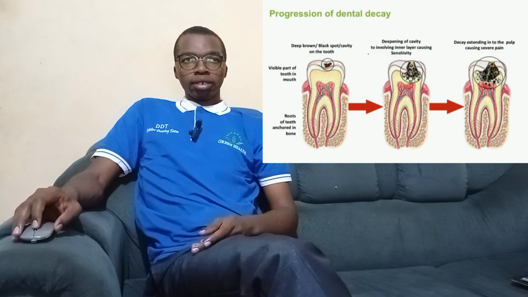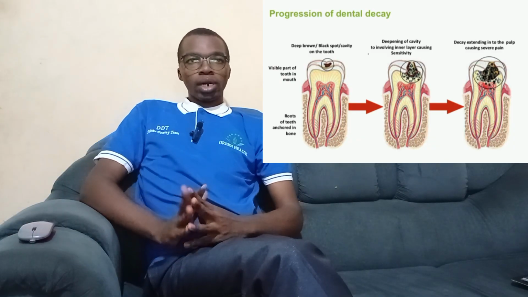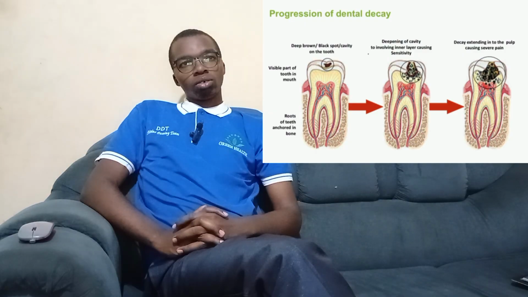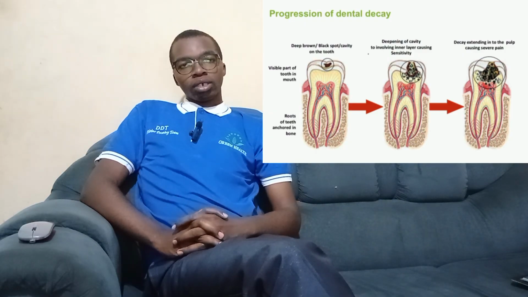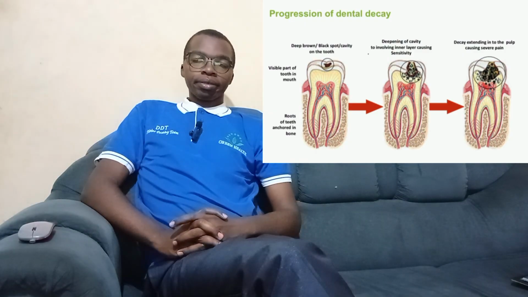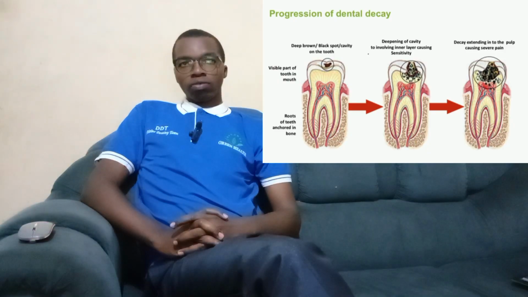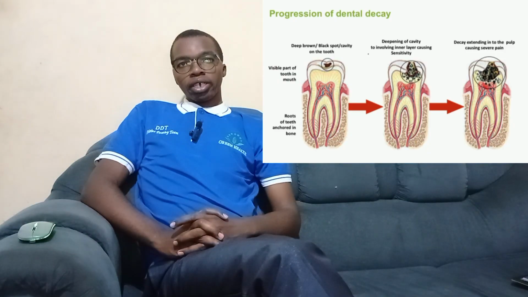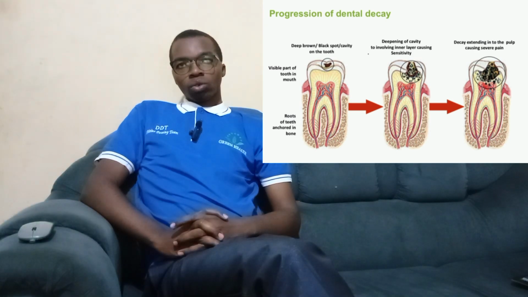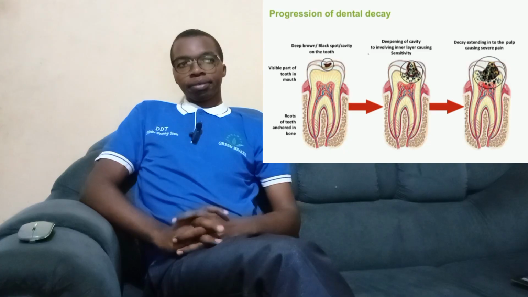You can see this deep brown or black spot or cavity on the tooth. It is a smaller one, and then it continues to progress into deepening of cavity to involving inner layer, causing sensitivity. And then the progression continues to decay, extending into the pulp, causing severe pain.